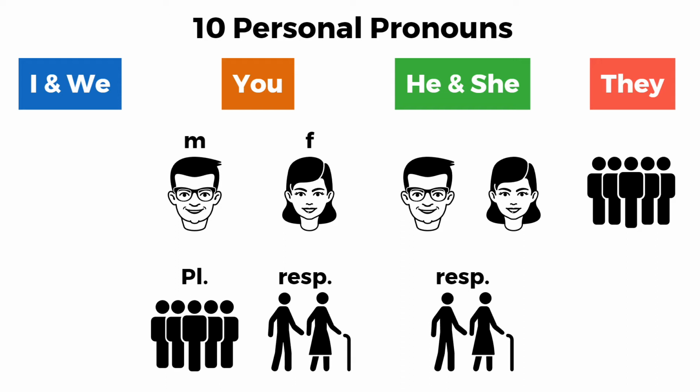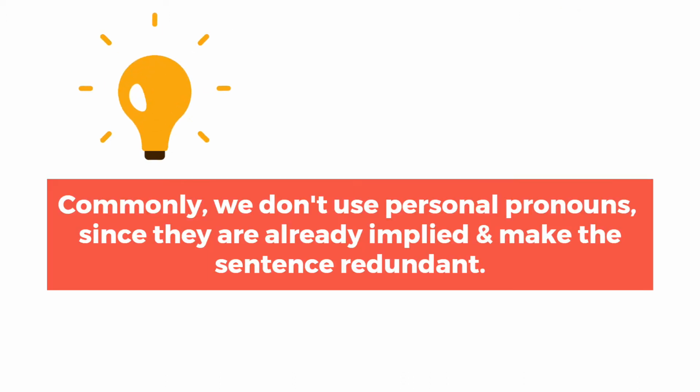But the personal pronouns are not that much used in Amharic. This is because personal pronouns are already implied, so they are often dropped. When we were talking about greetings, if you remember, one way of saying I'm fine is to say dehna nañ. And we said that dehna is fine, while nañ is I am.